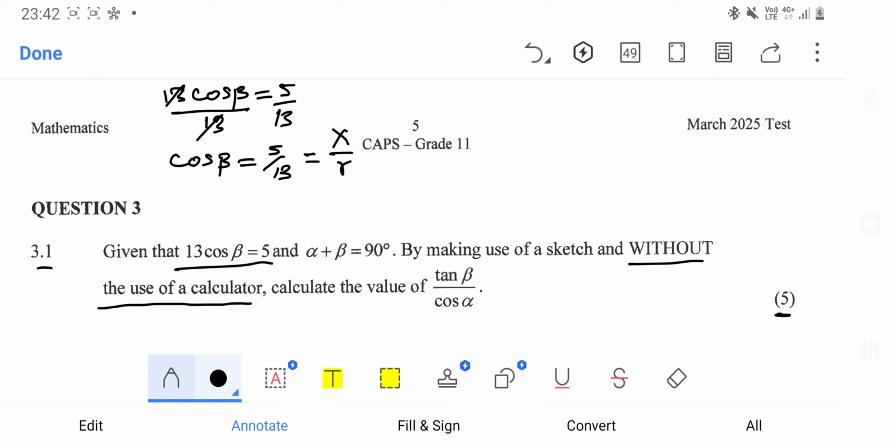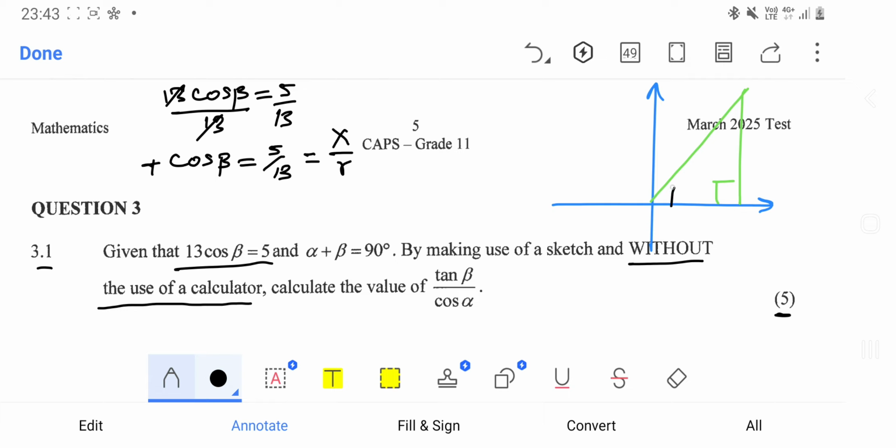The safe quadrant is the first quadrant, since we are not given the interval, and since cos β is positive 5 divided by 13, it means it's positive in that quadrant.